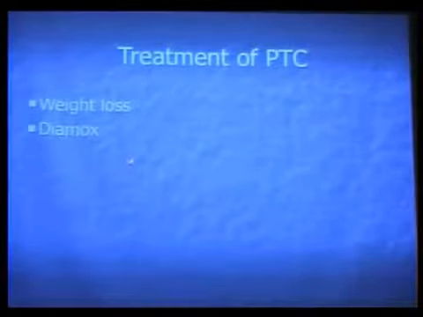The only diuretic that has ever been shown, as far as I can tell, to lower intracranial pressure is Diamox. But you have to use Diamox in doses of 2, 3, and 4 grams a day. And if there's anybody here as old as I am who used to use Diamox orally for glaucoma, you know that people don't tolerate a gram a day very well, so getting them to 2, 3 grams a day is very difficult.